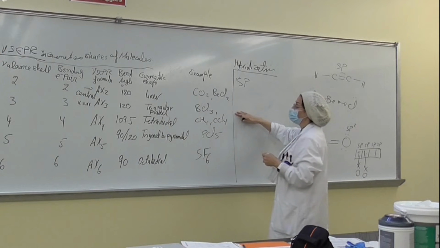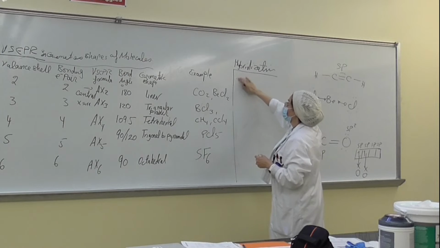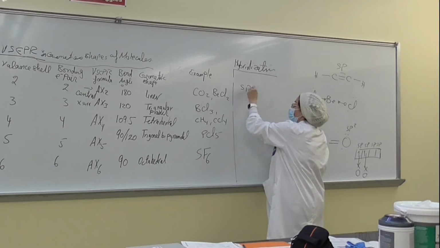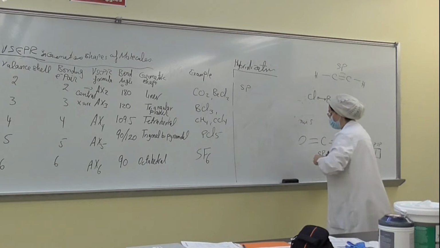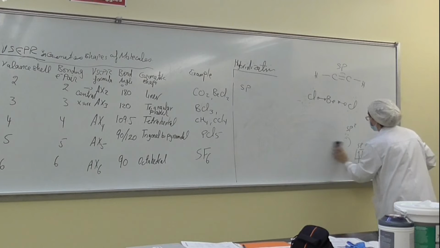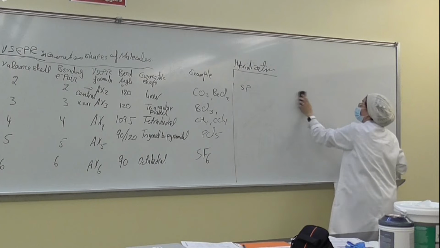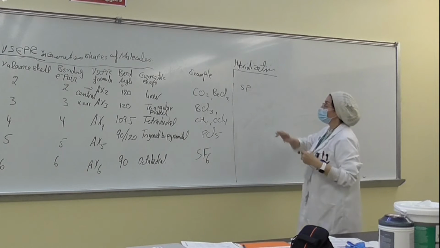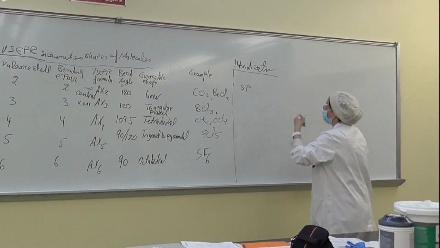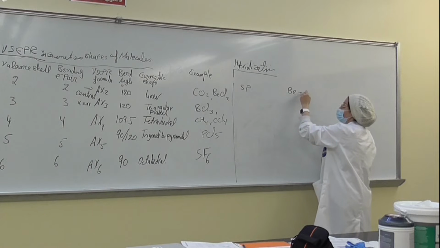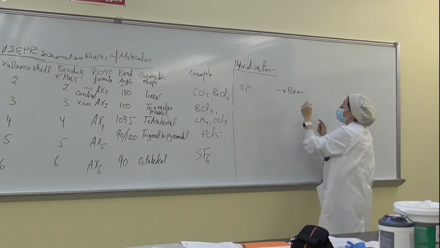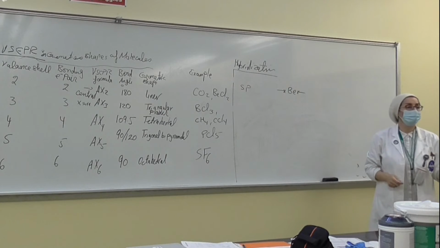What if we are going to have three surrounding the central atom? Then it is going to be, and I'm going to show you that, the shape of this molecule. In order for the beryllium to be able to accommodate two, it has to have two singles.